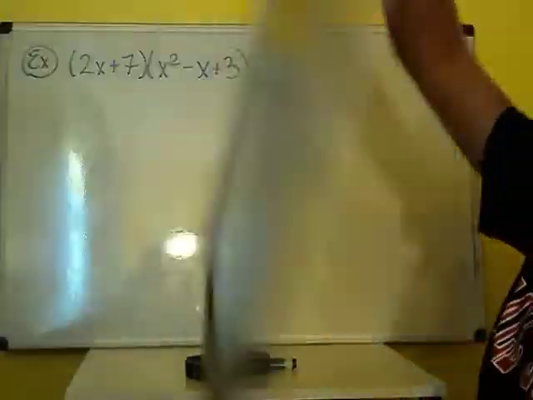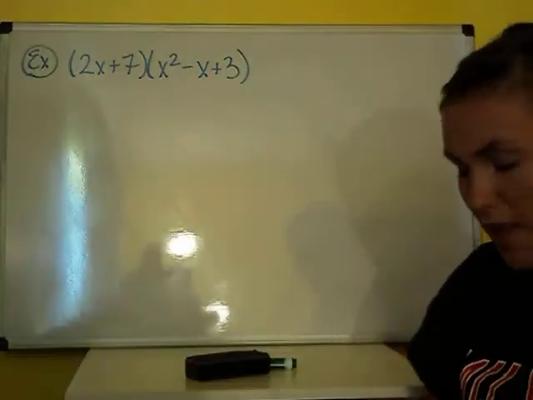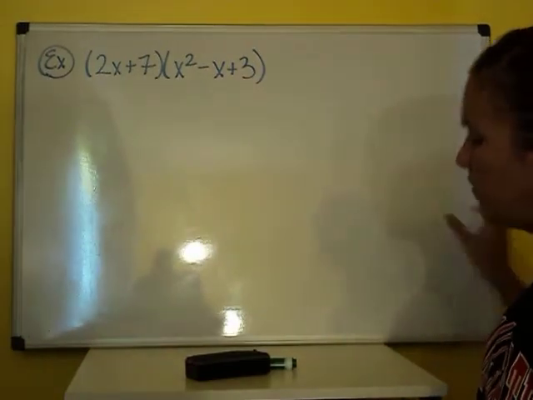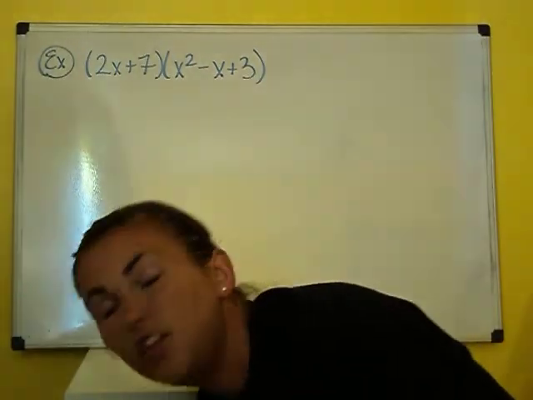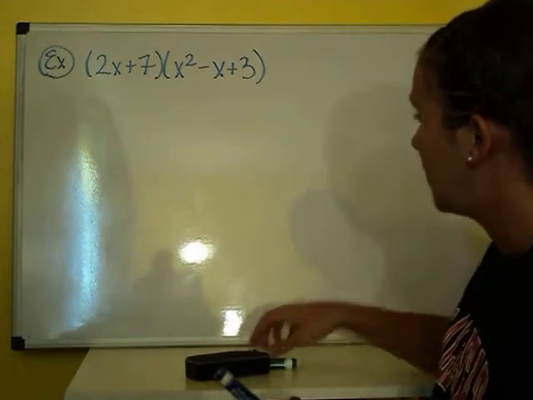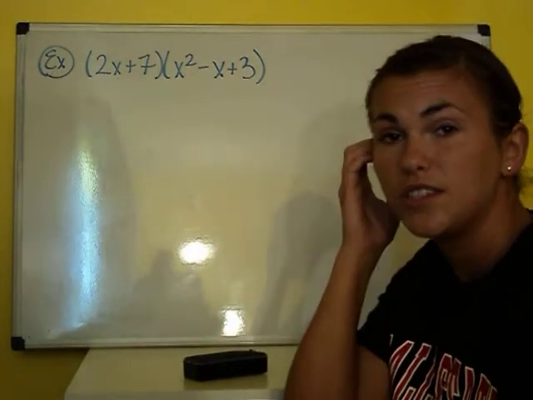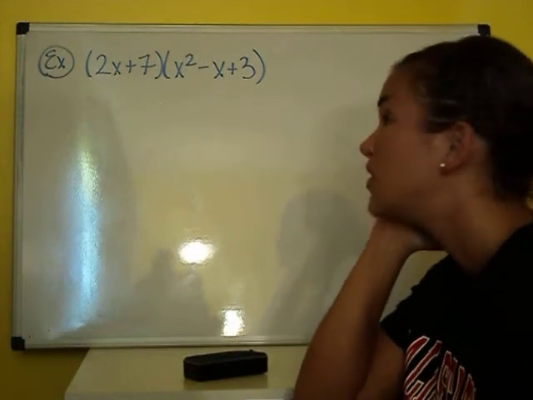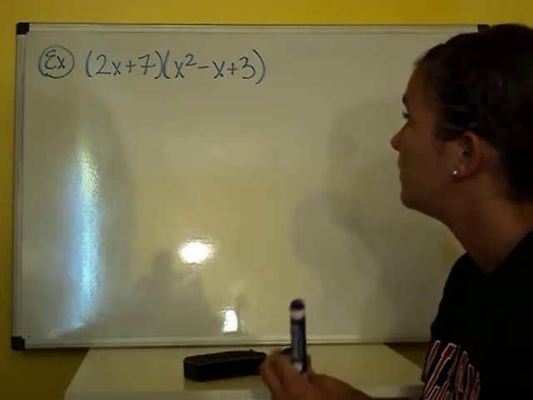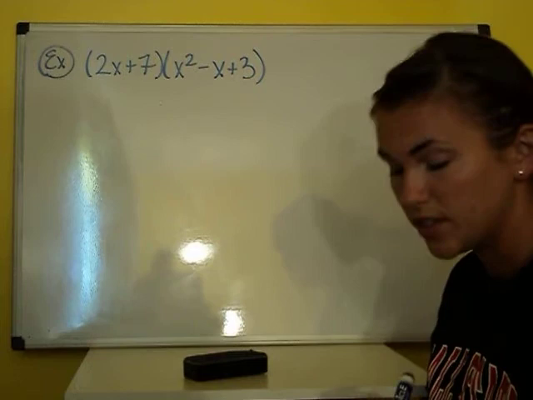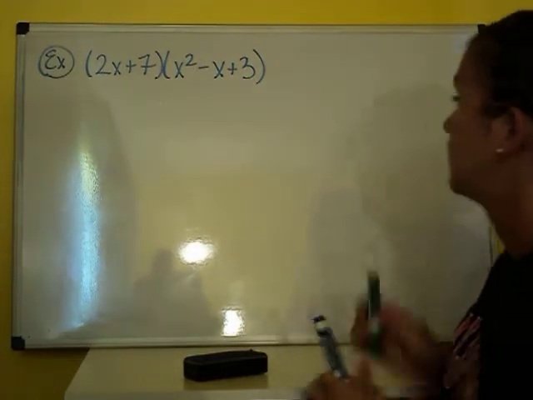And then our last example is we are going to take a binomial and multiply it by a trinomial. Now, you can still use the chart method if you like that one, or you can still use the distribution process, whichever makes most sense to you. I recommend the chart.